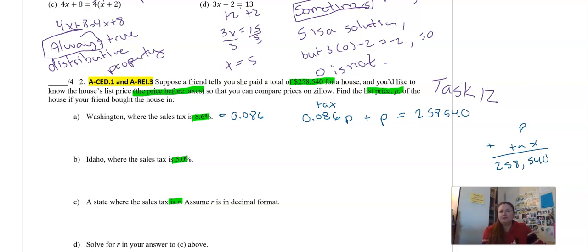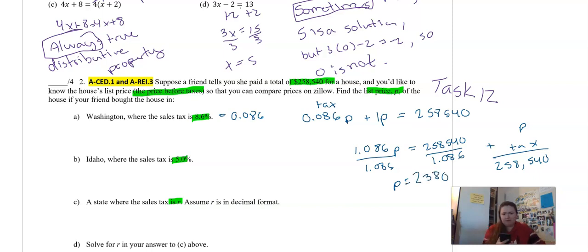Now, remember, if there's just P here, that's 1 P. So you do 0.086 plus 1. So that's going to be 1.086 P equals 258,540. And now I'm going to have to divide both sides by 1.086. So P equals 238,066.2983, which is 0.30.